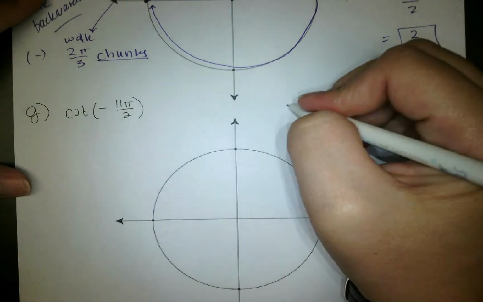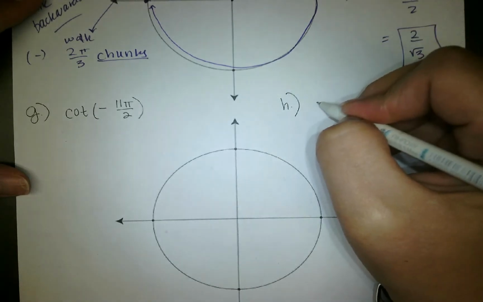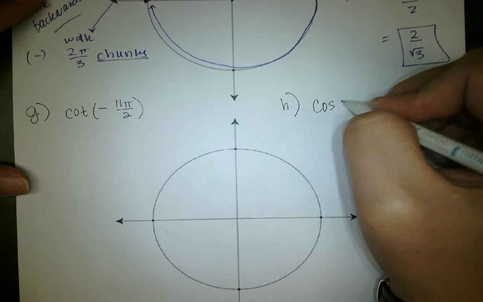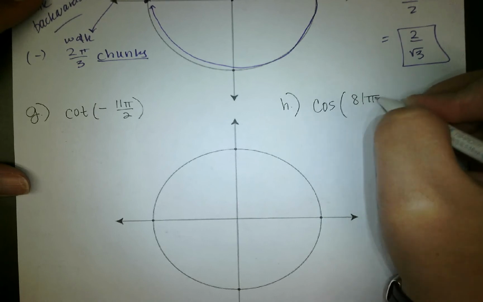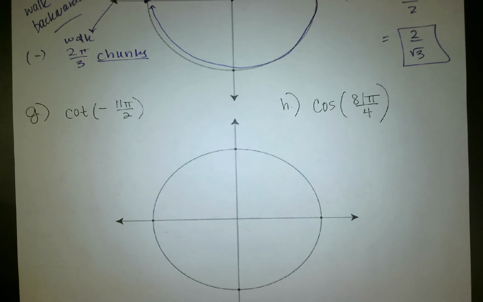And then H, cosine of 81 pi over 4. Do those two, guys. Cotangent of negative 11 pi over 2 and cosine of 81 pi over 4. I'll give you a minute.